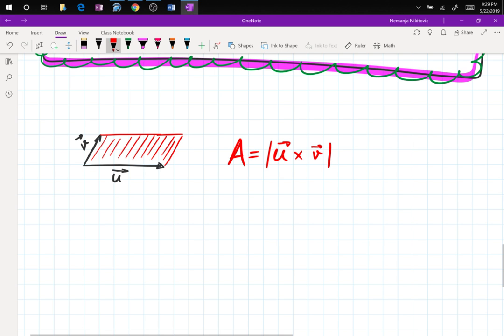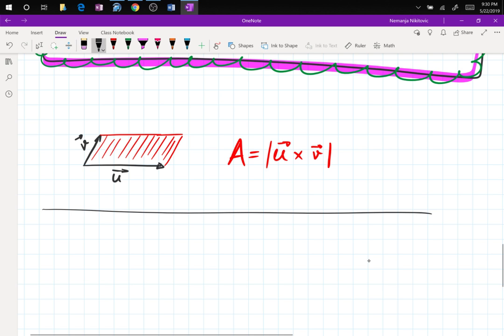So you find the magnitude, and that will compute the area of the parallelogram. You can cut that in half if you want the area of the triangle. So you can play with those geometric properties if you're interested.